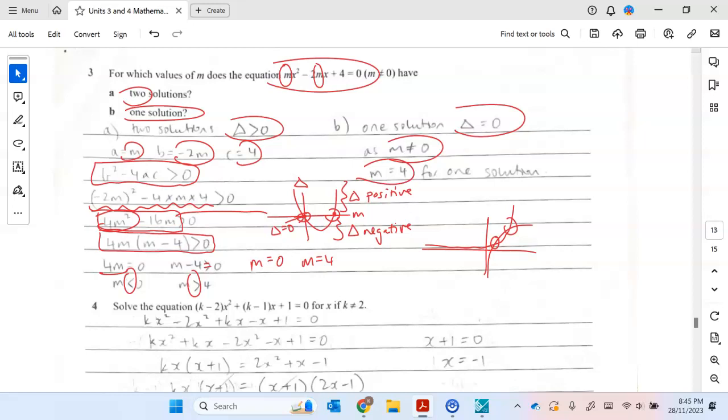The reason why m cannot equal 0 is that if m was equal to 0, then our first two terms, when we substitute m equals 0, are going to disappear. If you multiply something by 0, those terms disappear and we'll just be left with this 4. So just always check whether your solutions make sense.